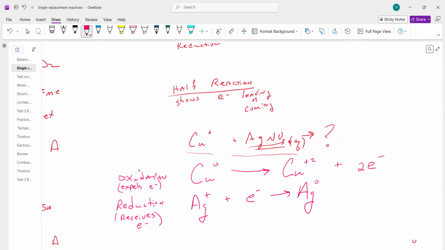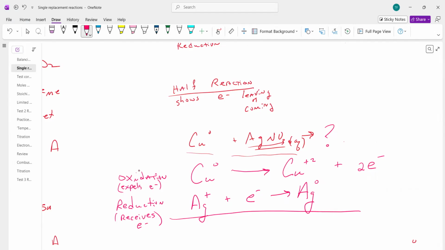Now the problem is, well, can anyone see the one problem with what I've written down here? Yeah, we have a problem with the number of electrons being moved or transferred. They've got to be equal.